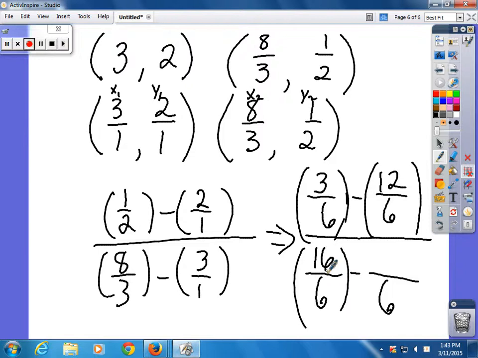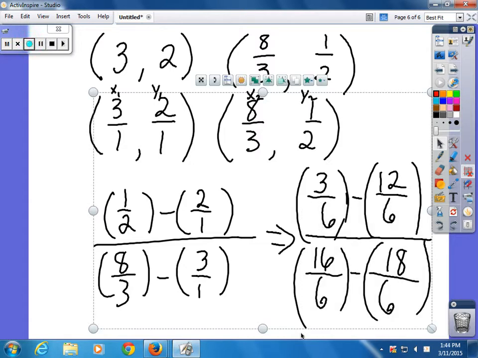And how many times will 1 go into 6? 6 times 3 is 18. Now we'll take this guy and take it over to the next page.